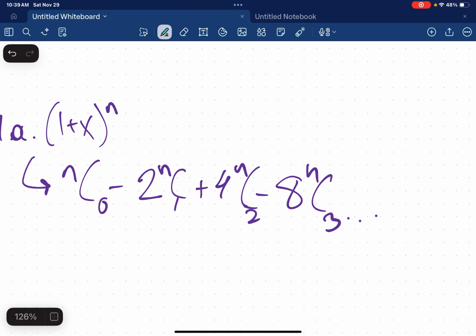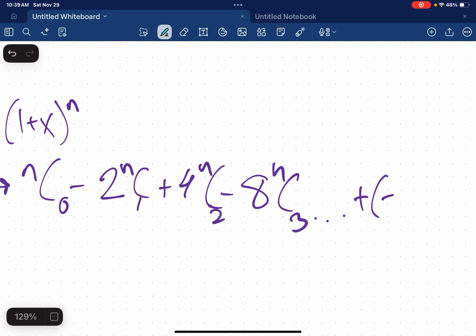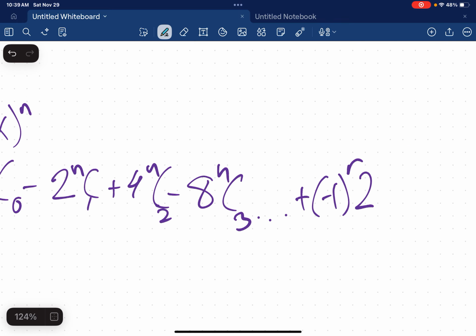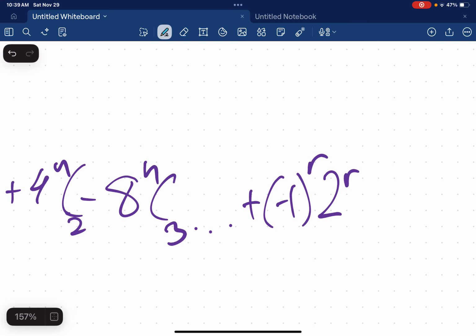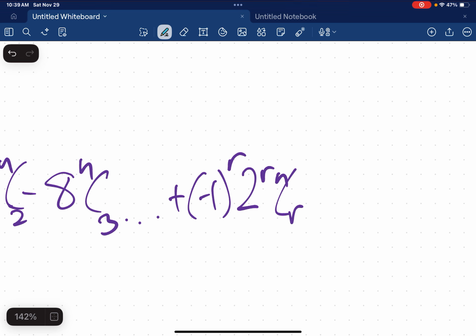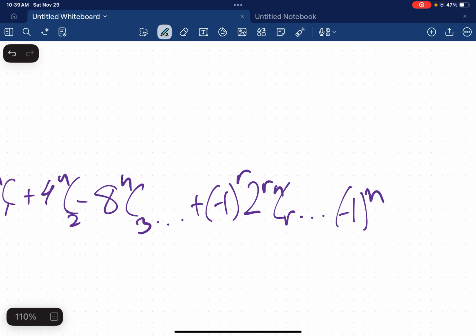Dot, dot, dot, plus (-1) to the r times 2 to the r times n choose r, dot, dot, dot, (-1) to the n times 2 to the n times n choose n.